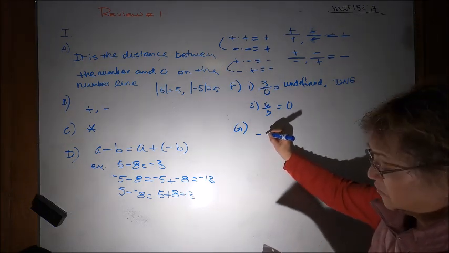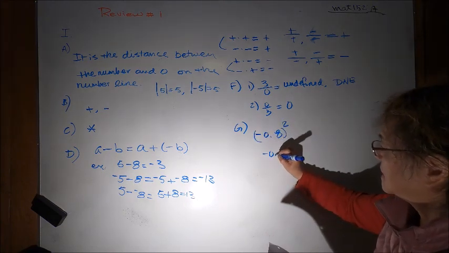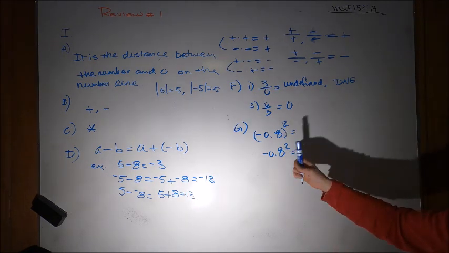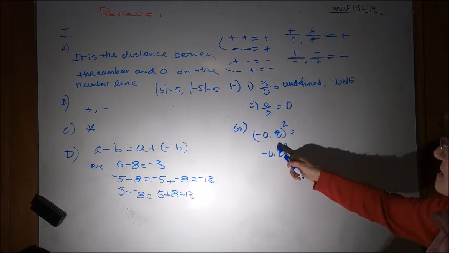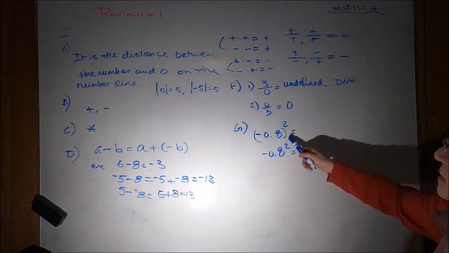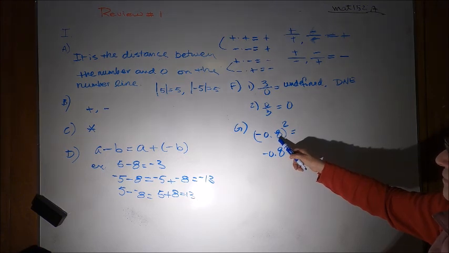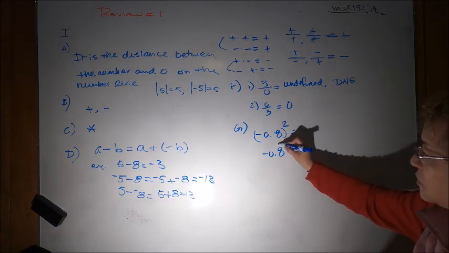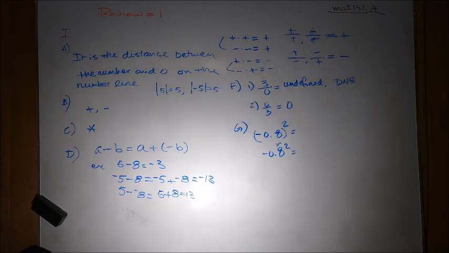Problem G, you need to be careful with this. Often you mingle them. What's the difference between the first one and the second one? First one, you have parentheses around the whole thing, and that's your base. For the second one, the base for the square only applies to the 0.8.